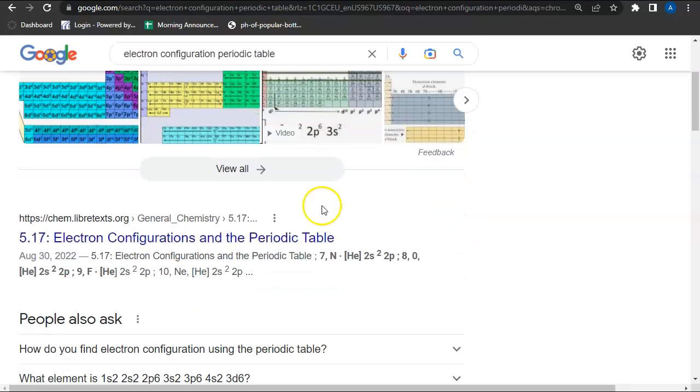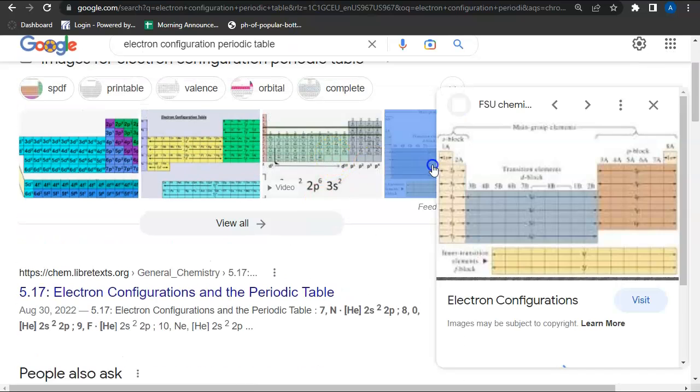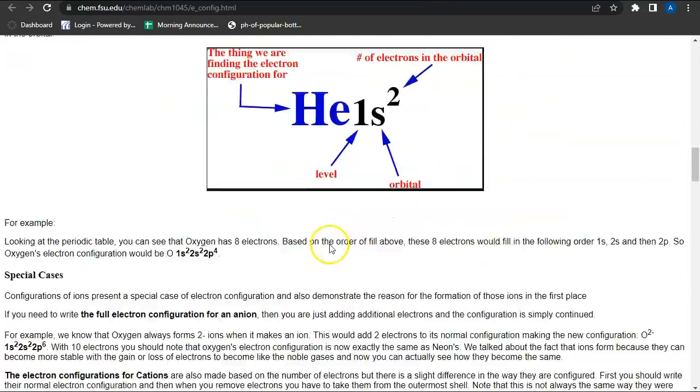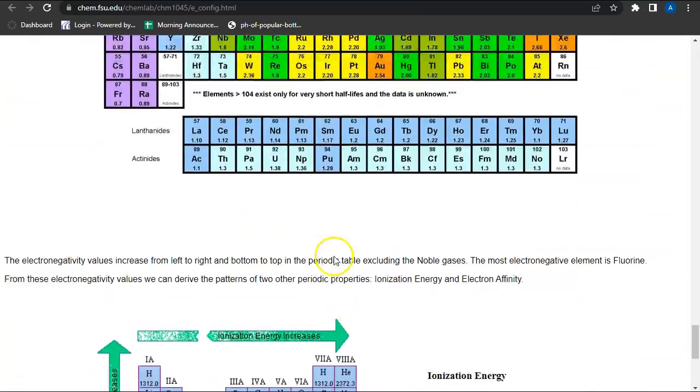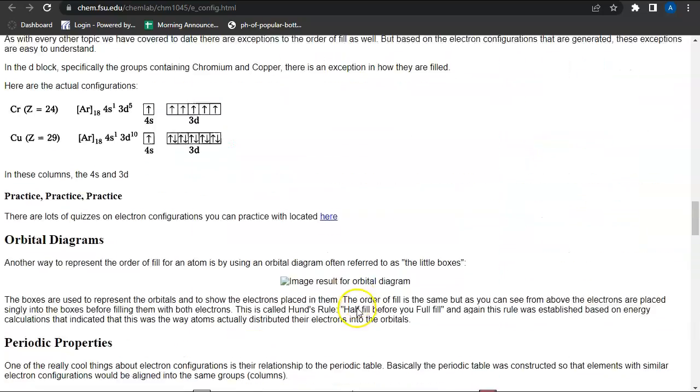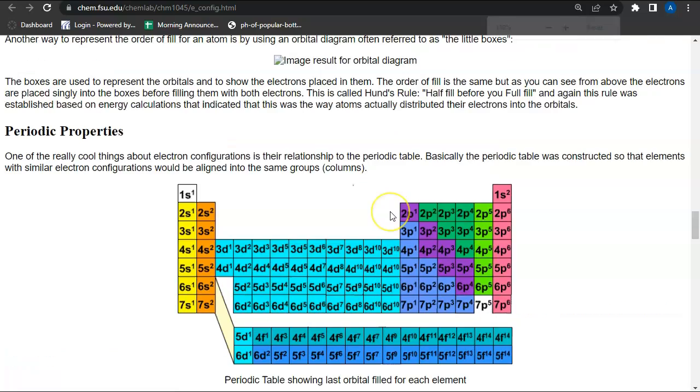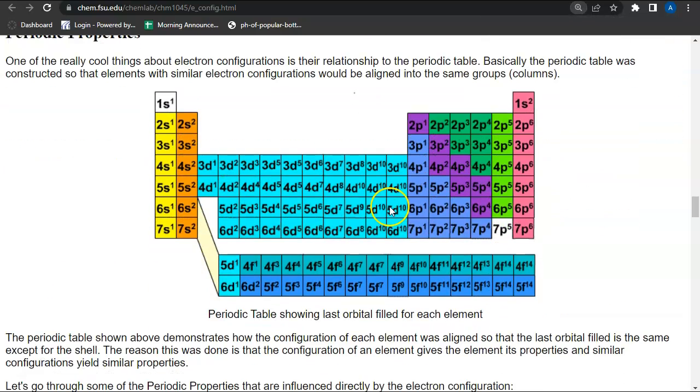It's a little too small to see. Try this one. You can take a look here. So as you can see, this tells me all the different orbitals that can be filled up.